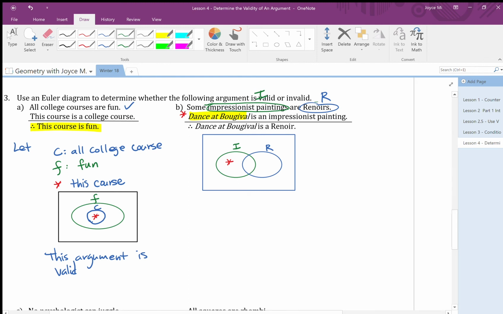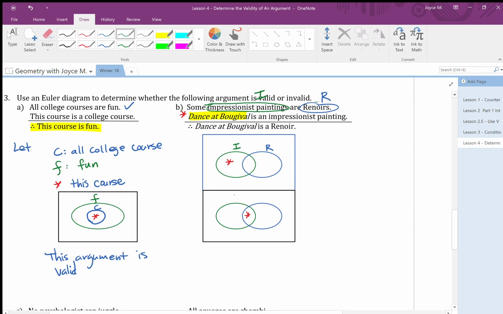However, if you do draw it this way, let me see. Remember how the first time I drew it? If I draw it this way, okay, and I draw it like this is my R, and I can draw my universe to represent the whole thing. Oh, I mean square. Okay. Now notice that if I draw it this way, if I have the Dance at Bougival here, because it doesn't tell me it's not Renoir, so I can draw this way.